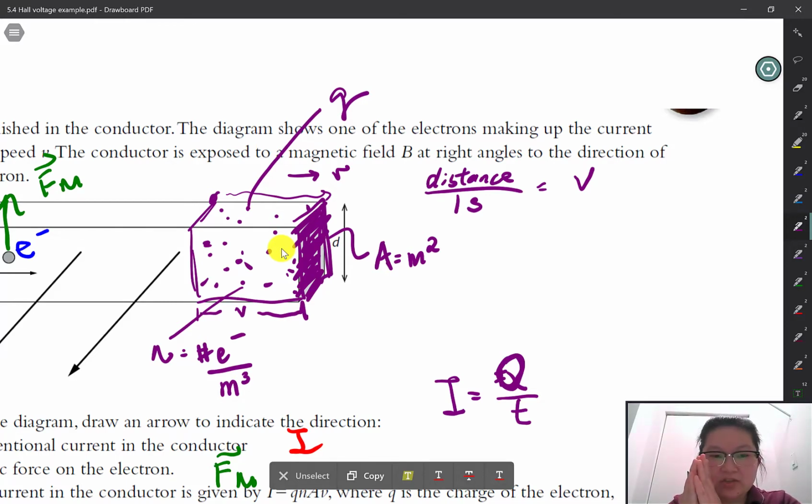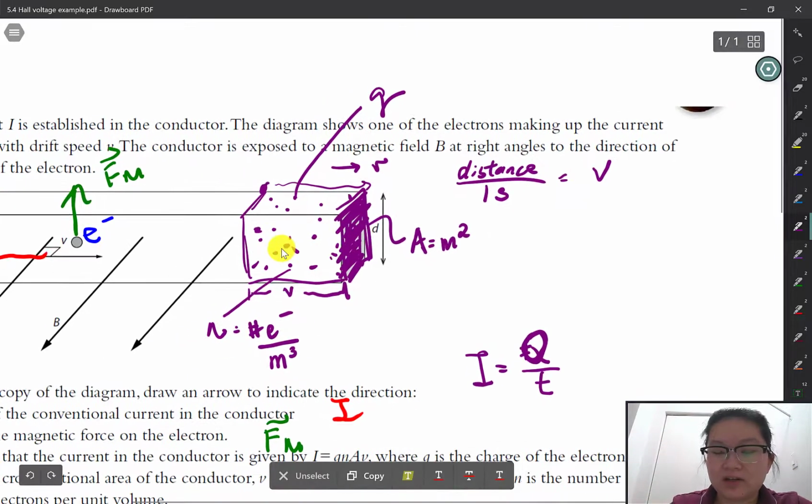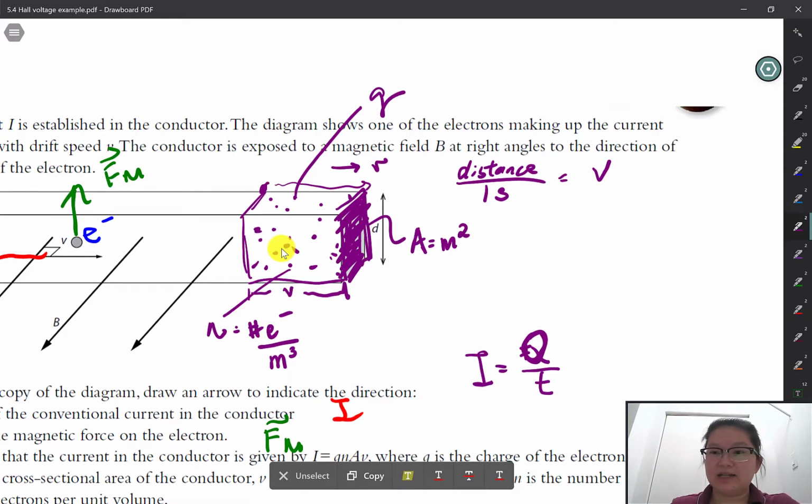Okay, so that's going to give us the distance in one dimension, and then multiplying that by the cross-sectional area of the wire is going to give us the volume of electrons involved. Okay, so let's write that down here.